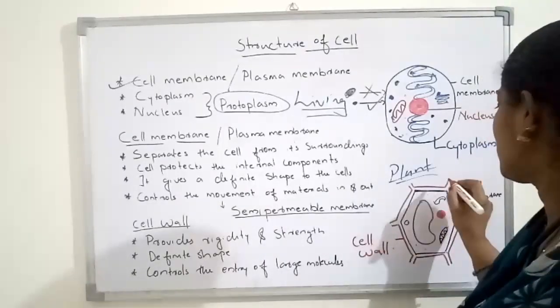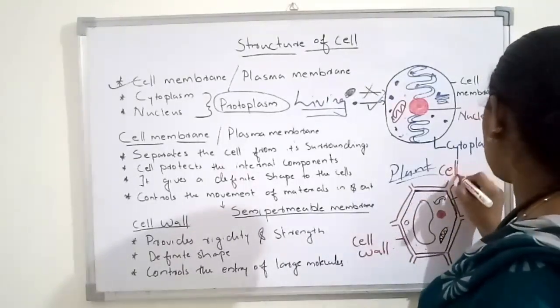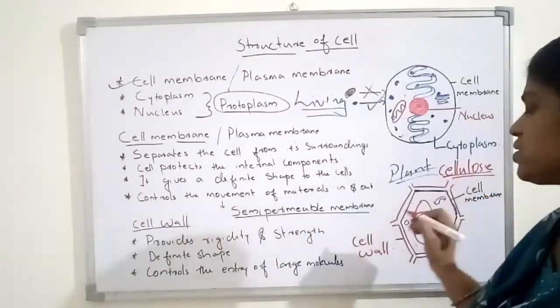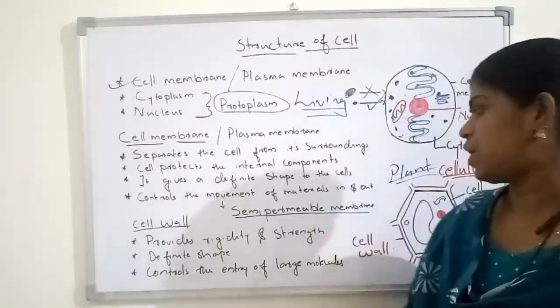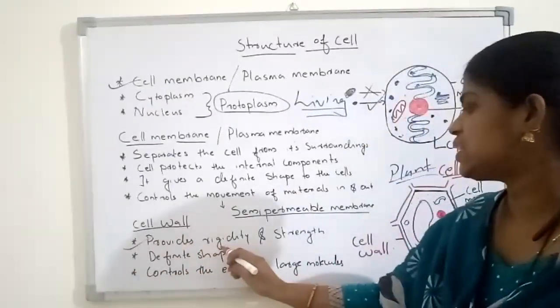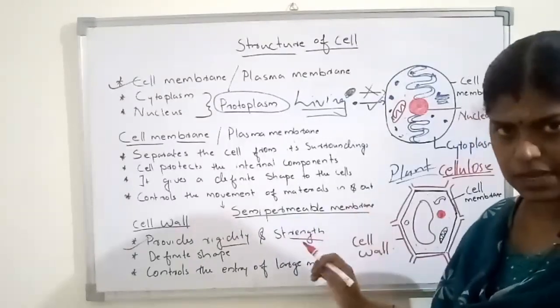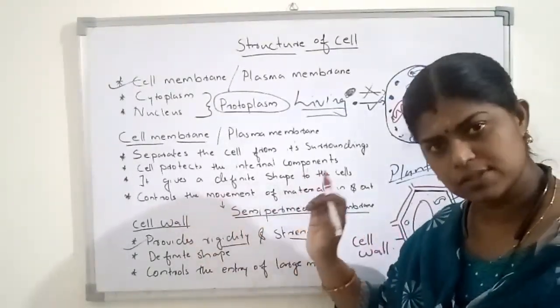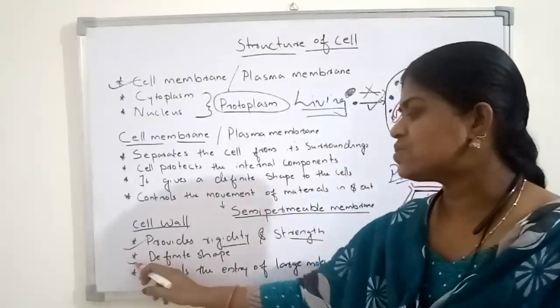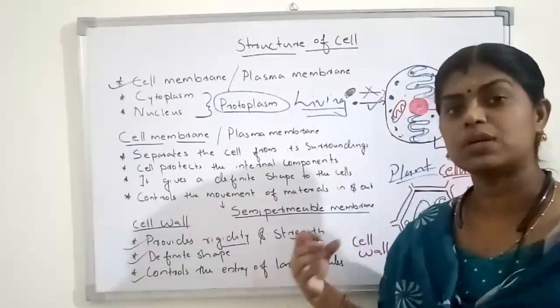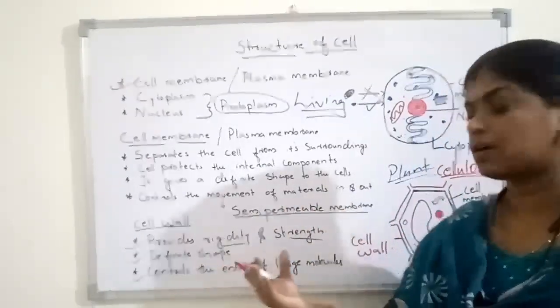And what is it made of? It is made of a material known as cellulose. And what is the function? It gives rigidity and strength to the cell. It also gives a particular shape to the plant cell, and it also controls some materials.